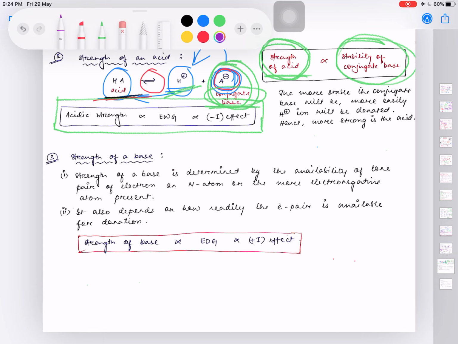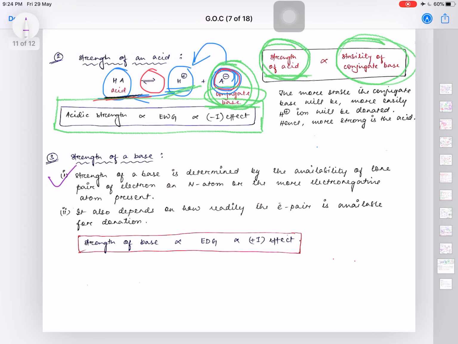You see, two things you have to keep in mind. First thing, availability of electron pair on the more electronegative atom, or nitrogen atom. And second thing is that it should be able to donate the electrons also. Means nitrogen, if it is having lone pairs, it should be able to donate these lone pairs also.